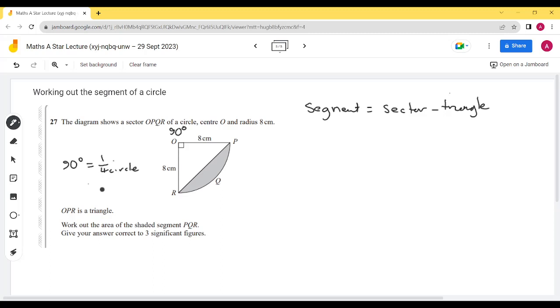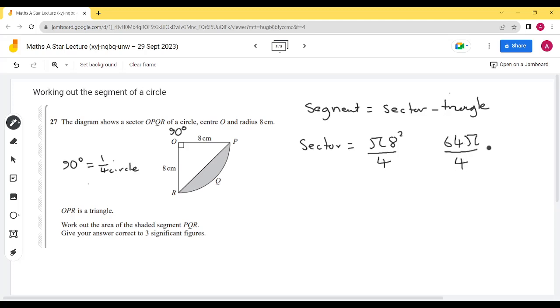If it's a quarter circle, we can just say our sector equals, well, we've got a radius of 8, so we can say pi r squared, or pi 8 squared, divided by 4, because it's a quarter circle, or 64 pi divided by 4.